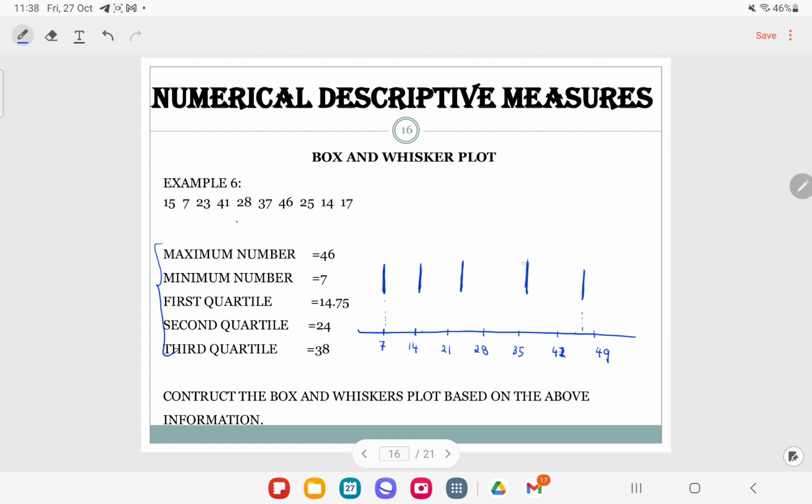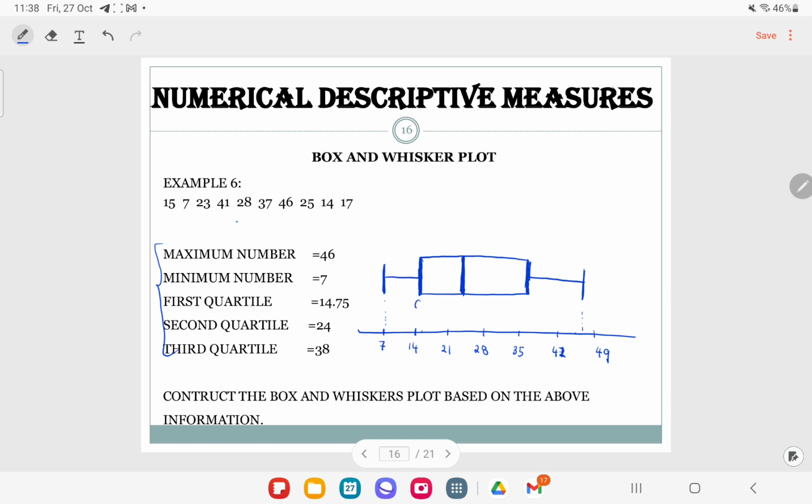Then 38, 35, 38 here. Okay, then draw a box. Okay, between the first quartile, second quartile and third quartile for the box. Meanwhile, for the whiskers, kita just tarik dia je lah. From the minimum number to the first quartile and from the maximum number to the third quartile.